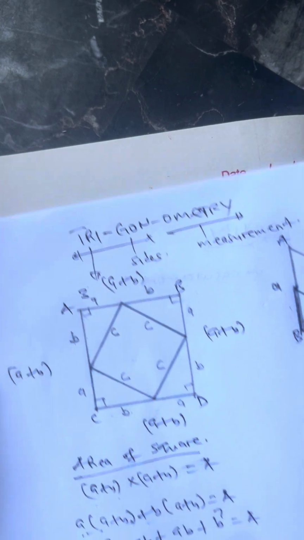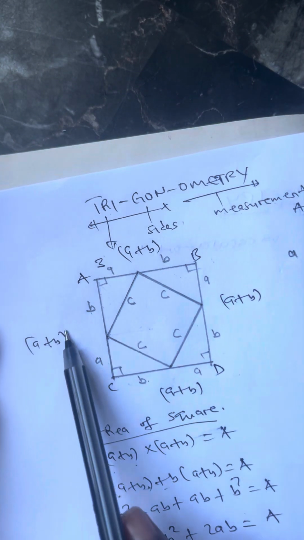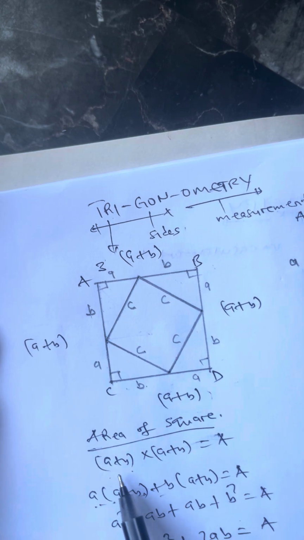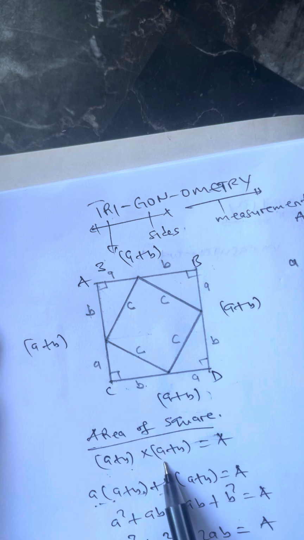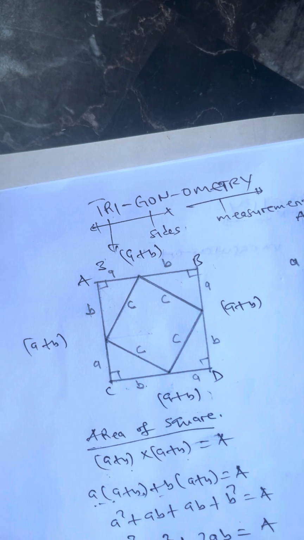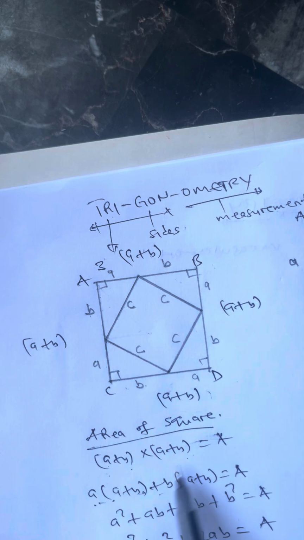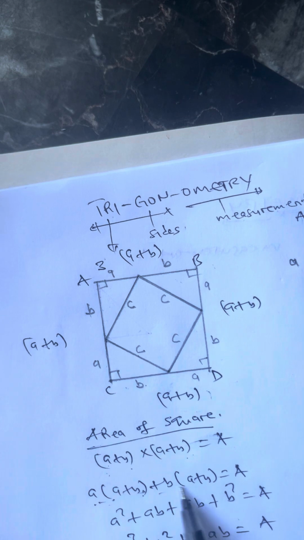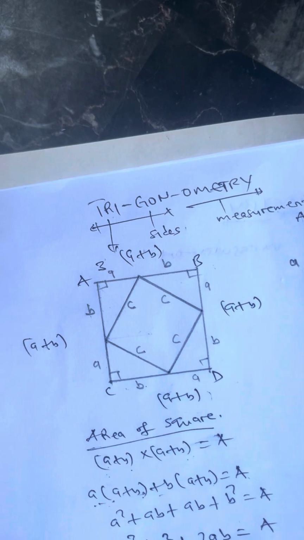Let us see. The area of this square will be A plus B times A plus B. Here, A plus B times A plus B is equal to the area of the square above, whereby we take A times A plus B plus B times A plus B, equal to the area of the square.